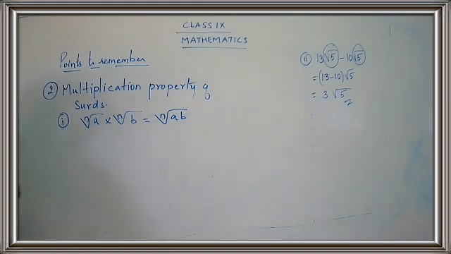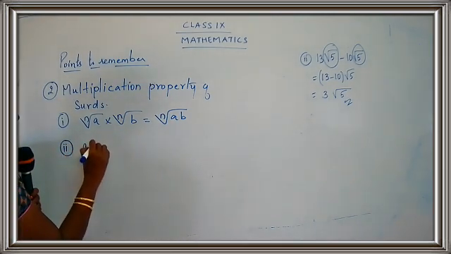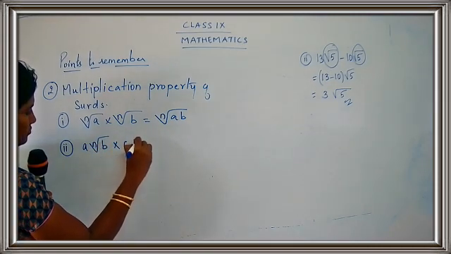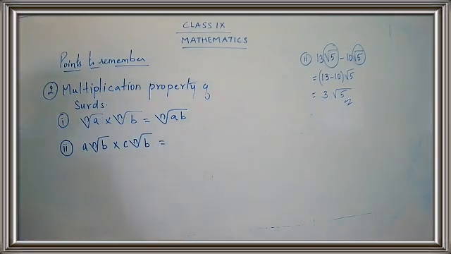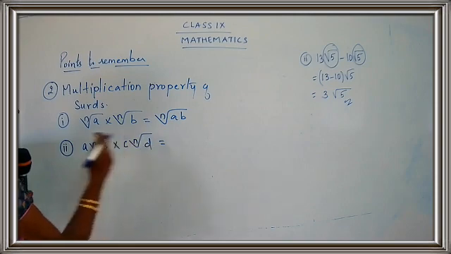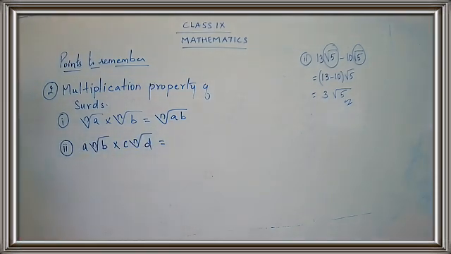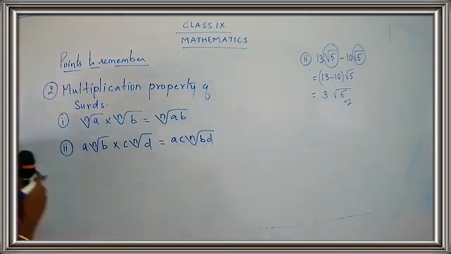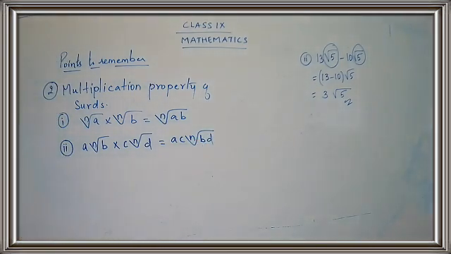And then you have A into nth root of B into C into nth root of D. A nth root of B into C nth root of D. This is equal to AC nth root of BD.